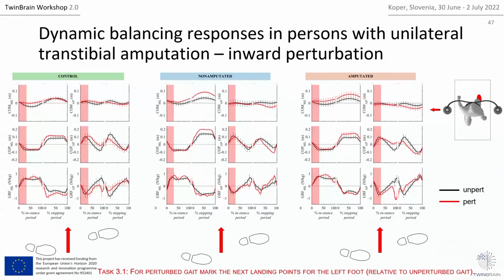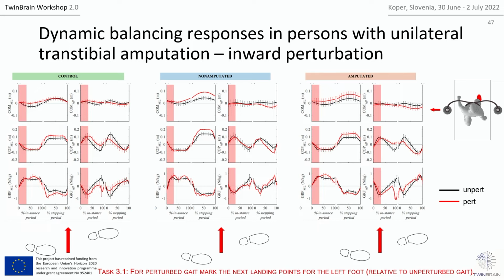Again, the top line shows the center of mass in the anterior-posterior direction for the control group, for the non-amputated group, and for the amputated group. The non-amputated group shows the data when the amputee entered the perturbation on the non-amputated side, and the amputated data present the data when the amputee subject entered the stance phase with their amputated side and then was perturbed.